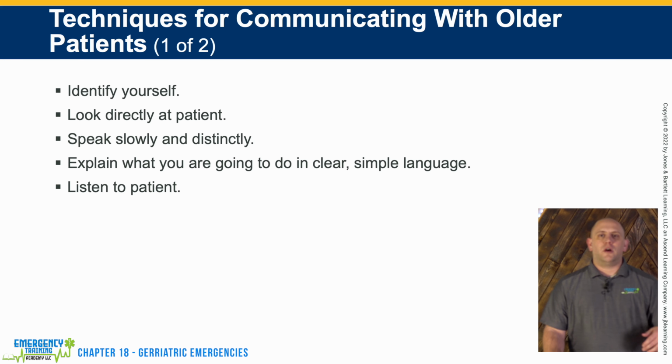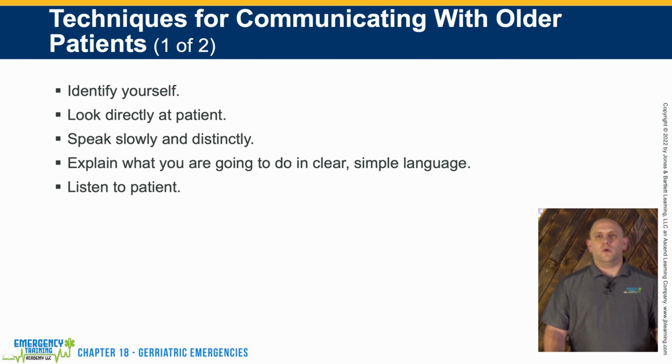As we mentioned, in our communication with our elderly population, we just want to make sure that we're identifying ourselves, we're looking at the patient, we have that direct eye contact, we are speaking slowly and distinctly, explaining everything that we're doing.